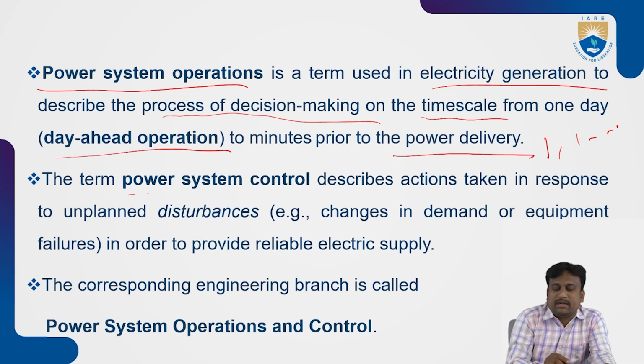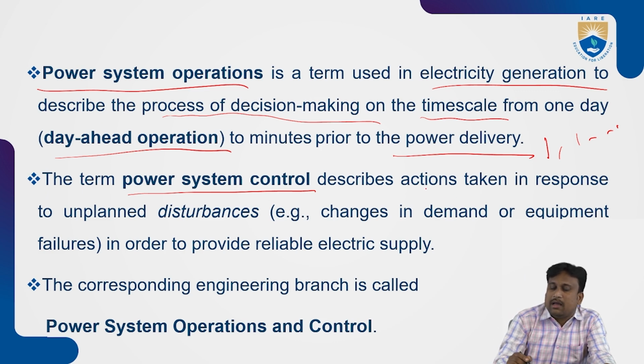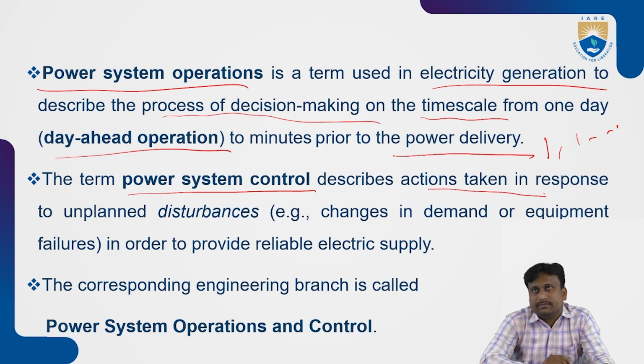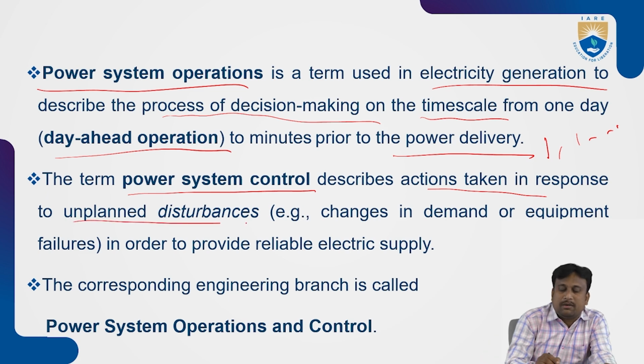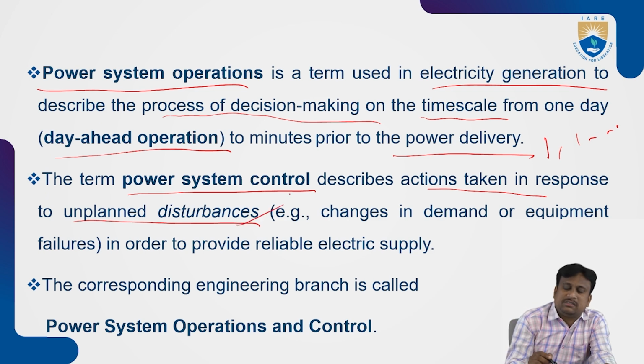Power system control describes the actions taken in response to unplanned disturbances. Whatever procedures we implement are for suitable handling of unplanned disturbances. What are these unplanned disturbances?